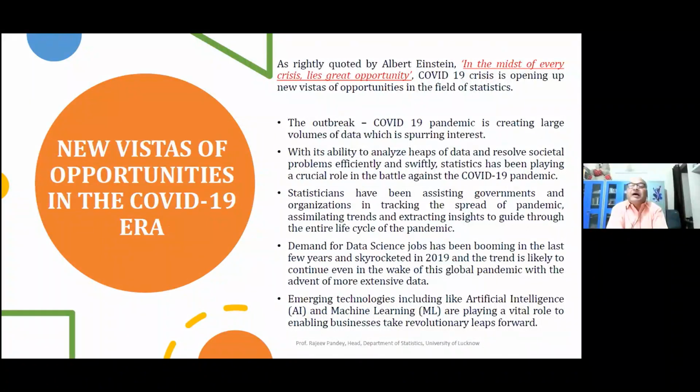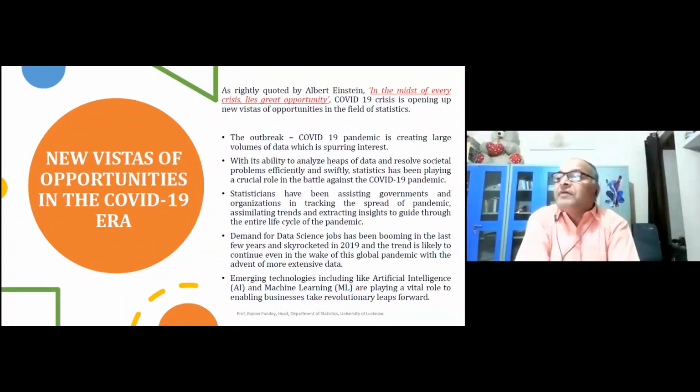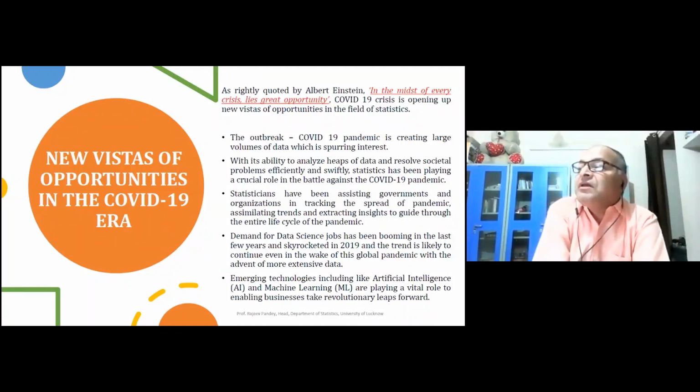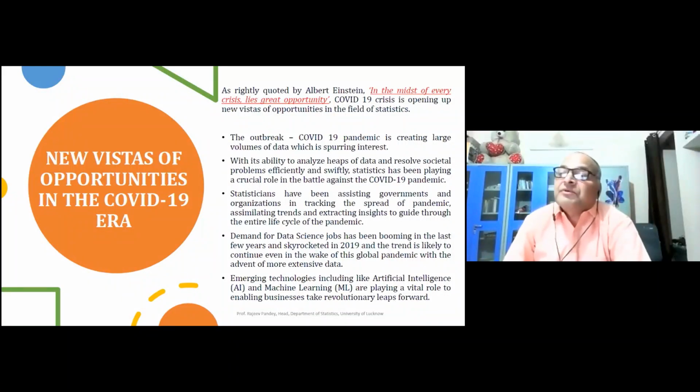Hiring activity in India witnessed a decline of 62% in April 2020. Nevertheless, experts opine that despite the bleak job market scenario amid and post the COVID-19 crisis, there will be no looking back for data-driven jobs.